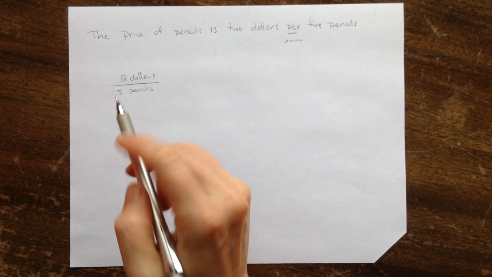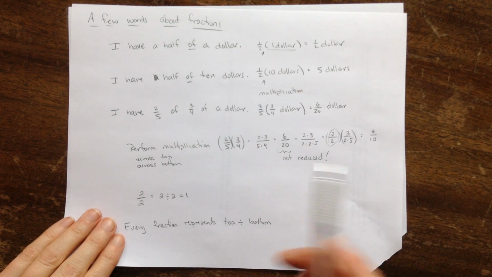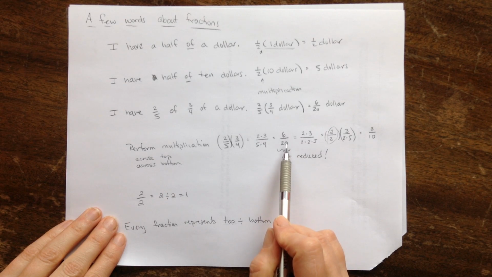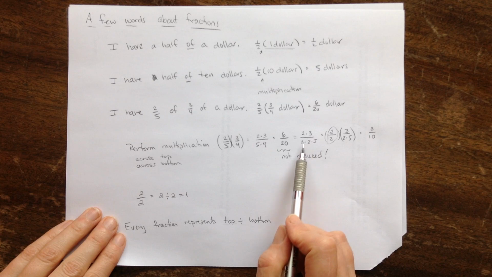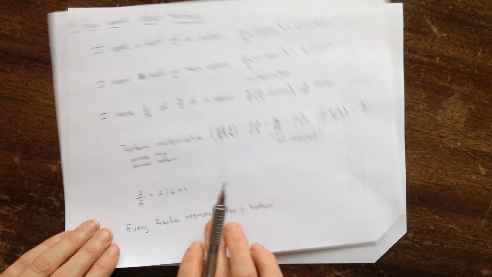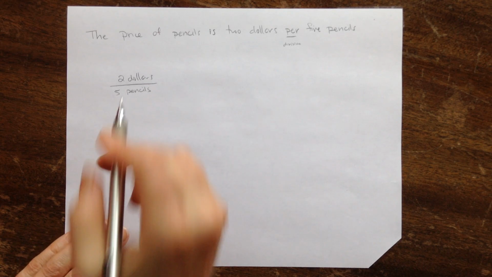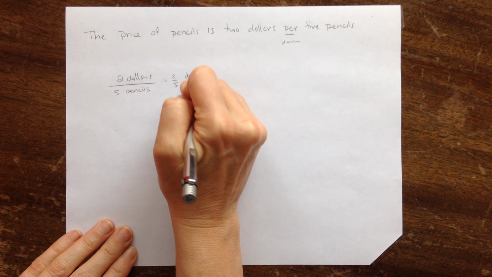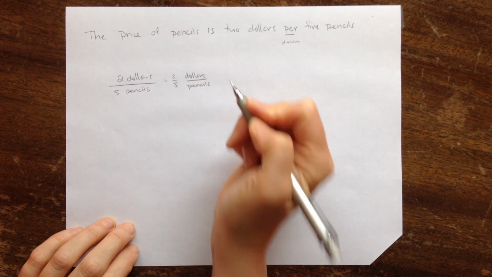And you can play with this fraction the way we played with all these fractions. So you had a 6 over a 20, and you wrote that as a 2 times 3, and the 20 as a 2 times 2 times 5, and you can split those fractions up using what we know about multiplication of fractions. I can do the same thing here. This is 2/5 times dollars over pencils.